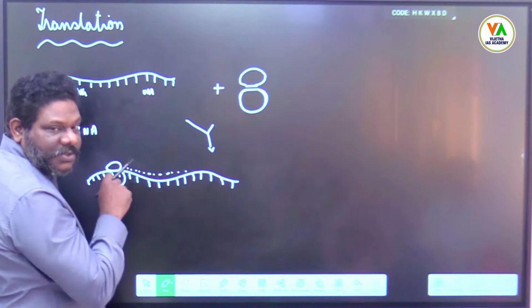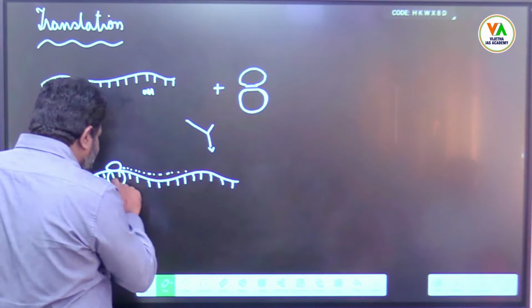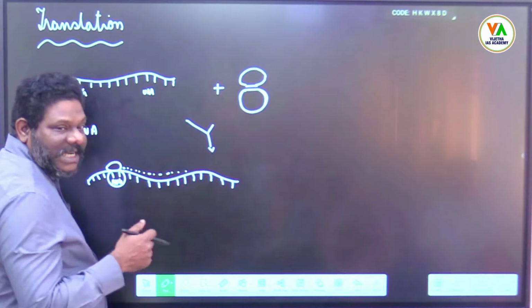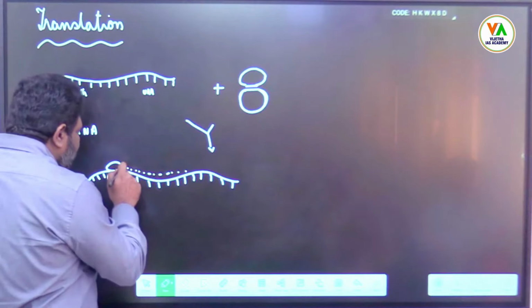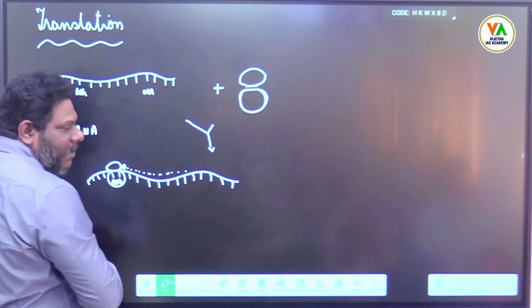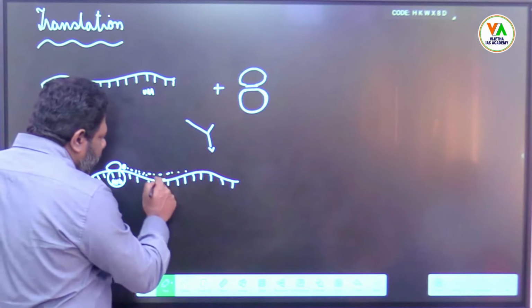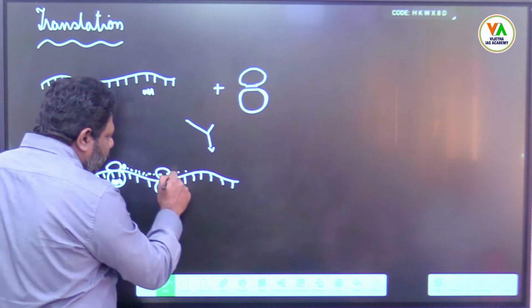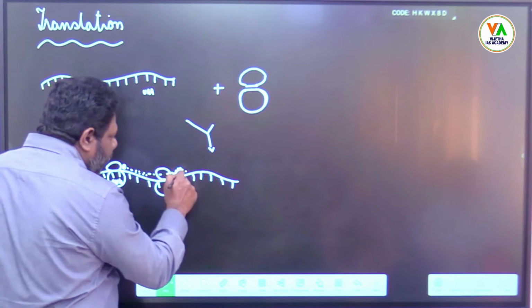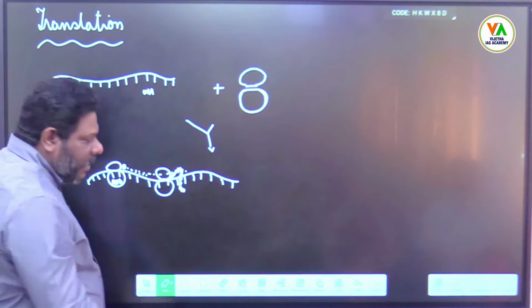Each codon is coding for an amino acid. So the protein synthesis starts when it reaches AUG, which is the initiating codon. So it produces an amino acid. As it moves on this particular messenger RNA strand, it keeps on translating these codons to form amino acids.